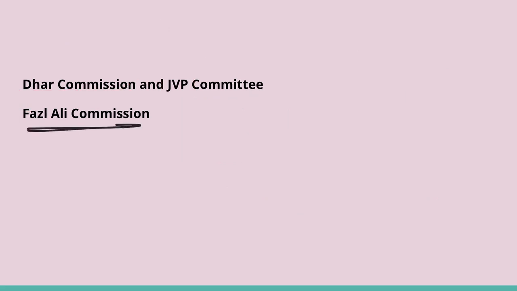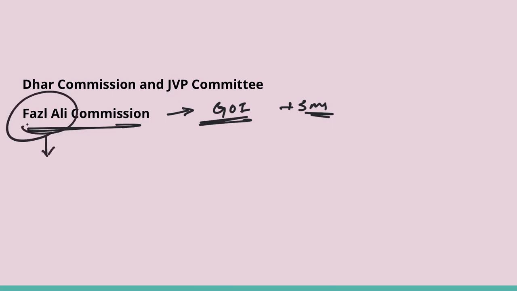Fazal Ali Commission. The creation of Andhra state intensified the demand from other regions for the creation of states on a linguistic basis, and this once again forced the Government of India to appoint a three-member States Reorganization Commission under the chairmanship of Fazal Ali to re-examine the whole issue.